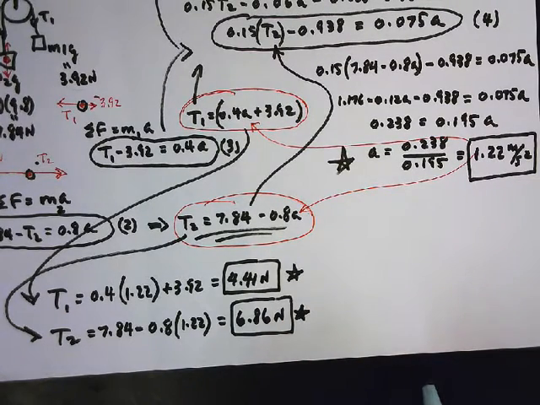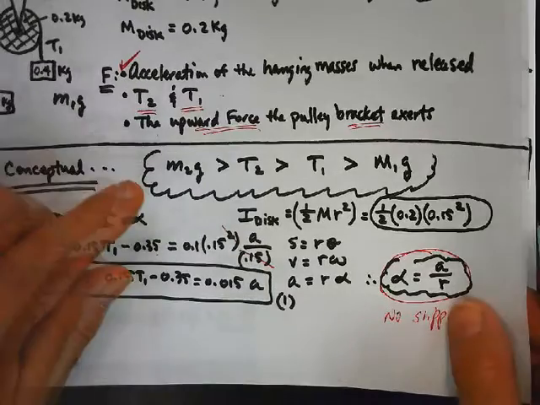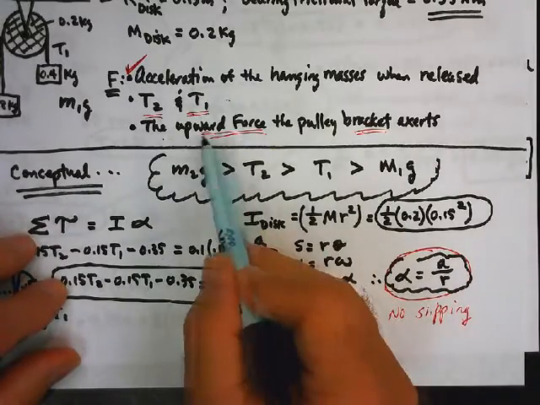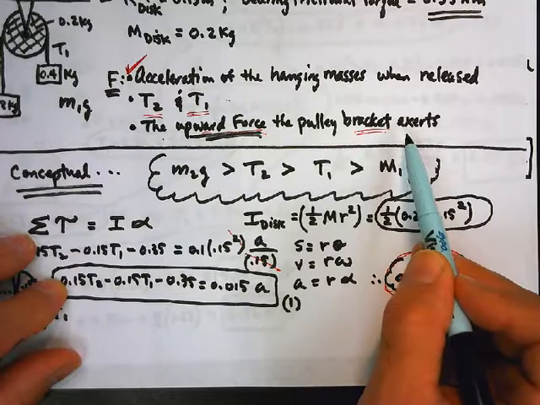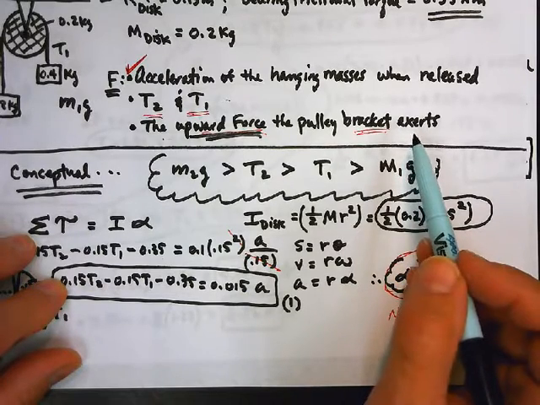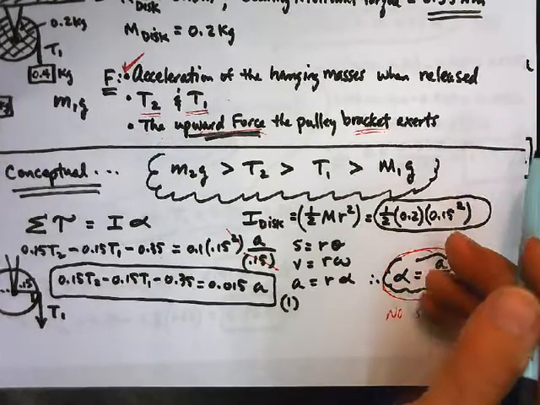Very good. Our last step, we need to find the upward force the pulley bracket exerts on the pulley during the time when the weights are moving, accelerating.